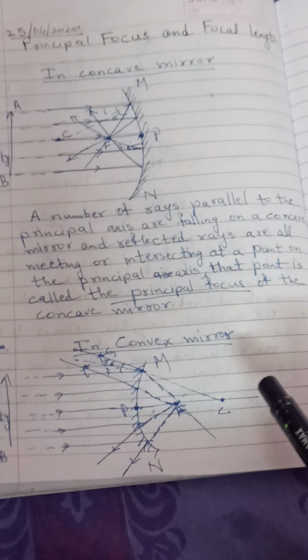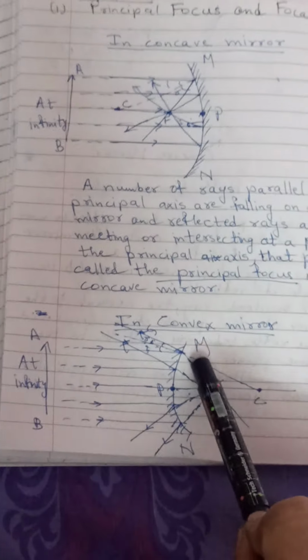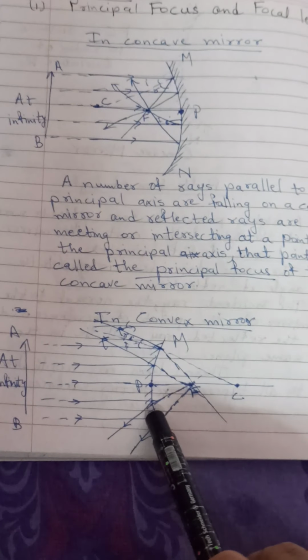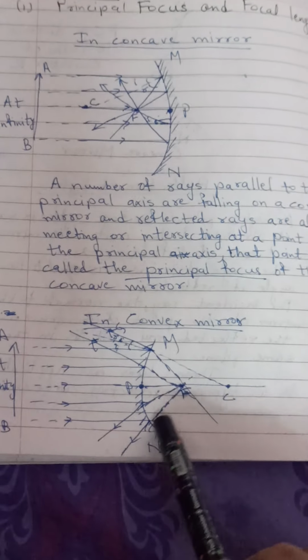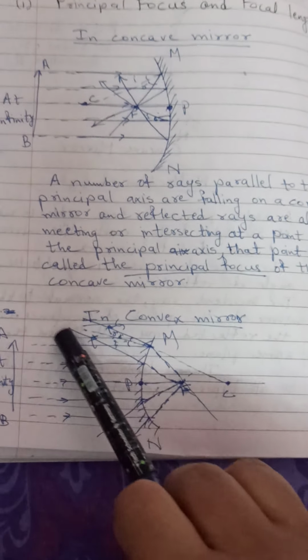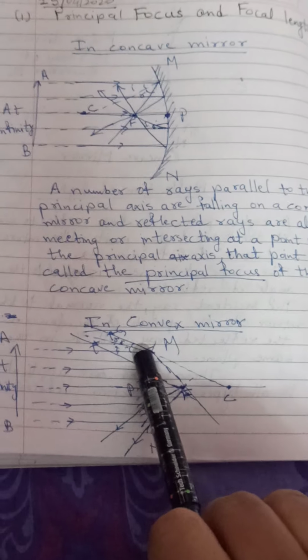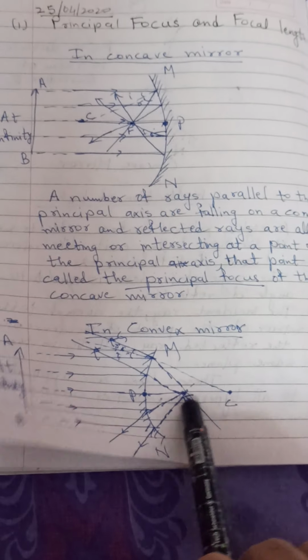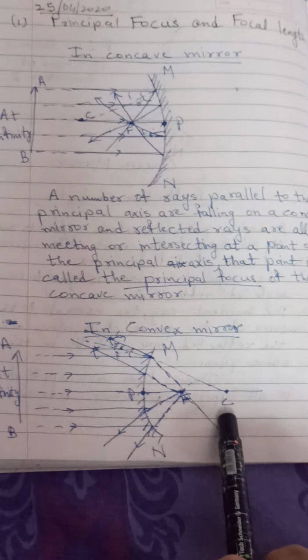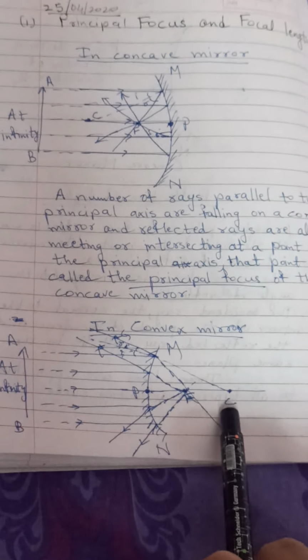Okay, so whenever you extend, because in the case of a convex mirror we get the image by extending these reflected rays. The reflected rays are going on the same side of the mirror. Next one, C, you can call this C the center of curvature, that we have described in the earlier video. Okay, here you understand what is principal focus.